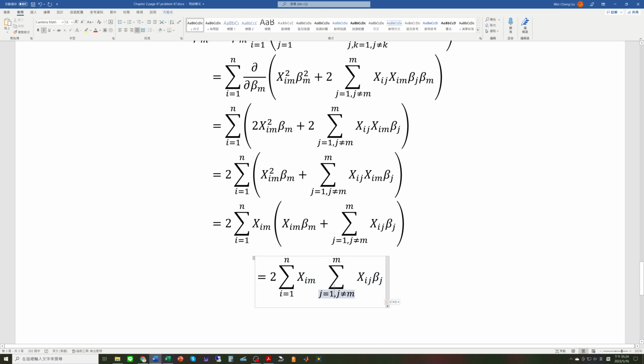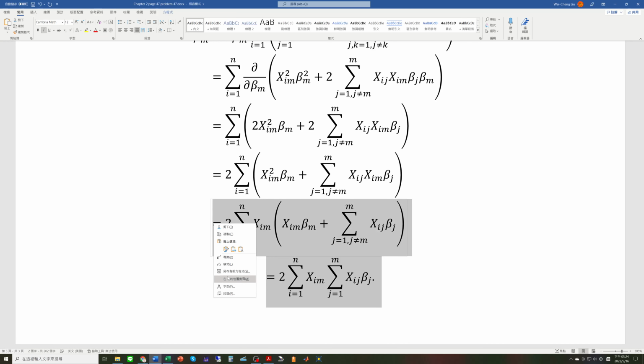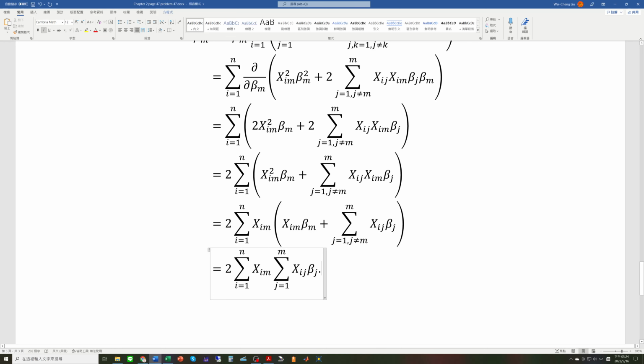Delete j is not equal to m. Then we combine these two terms into one term. So align at the equality sign again. Good. This is equation 9.